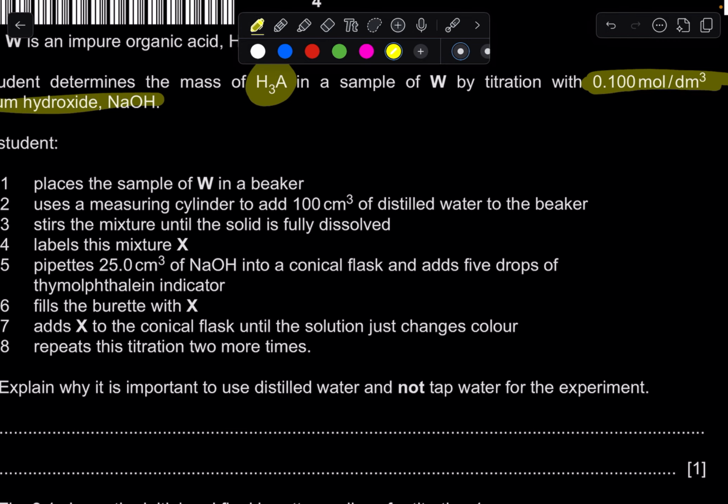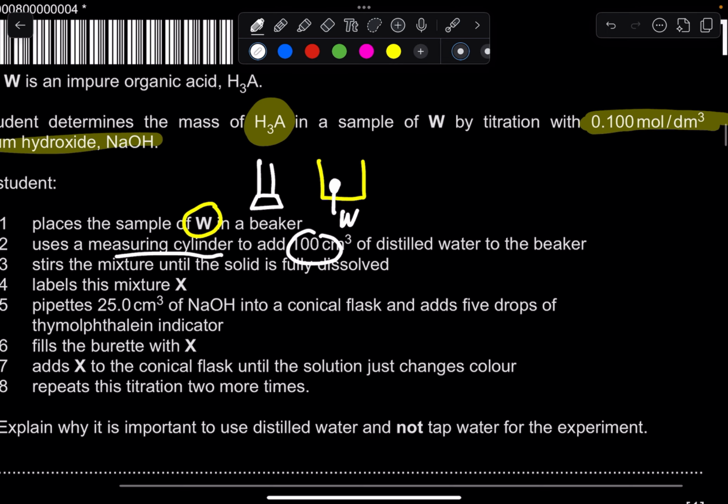Okay, so now a lot is happening, you need to visualize it. First, he places a sample of W in a beaker. Okay, he takes a beaker, places a sample that's called W in this beaker. Okay, this is W. Uses a measuring cylinder. Okay, so now he has this measuring cylinder to add 100 cm cube of distilled water into the beaker. So now from this measuring cylinder, he adds water into this beaker.